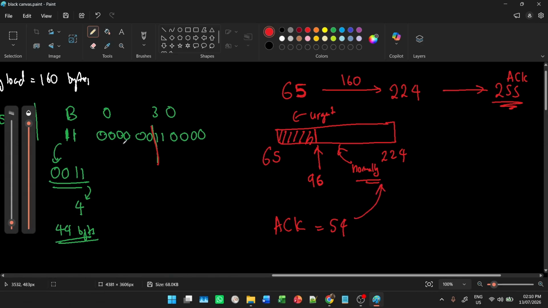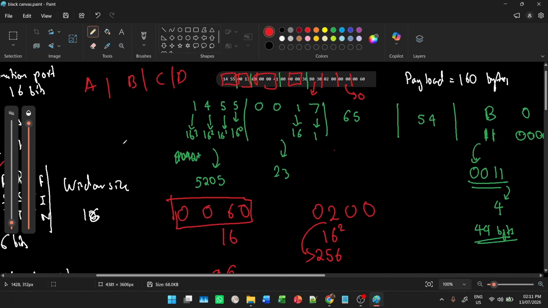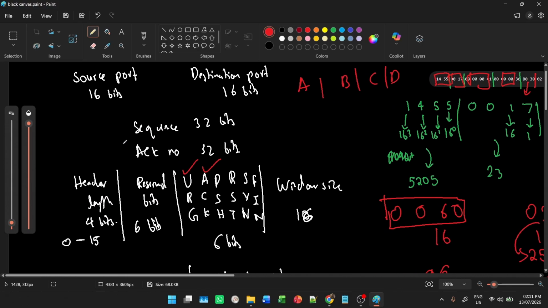That is not relevant to this. Essentially, there's a piggybacking happening here, right? So it's sending the data plus acknowledgement for previously received data, saying, hey, I received up to 53, send me the 54th sequence, right? So this is all there is to learn about the TCP segment, how to read this thing.